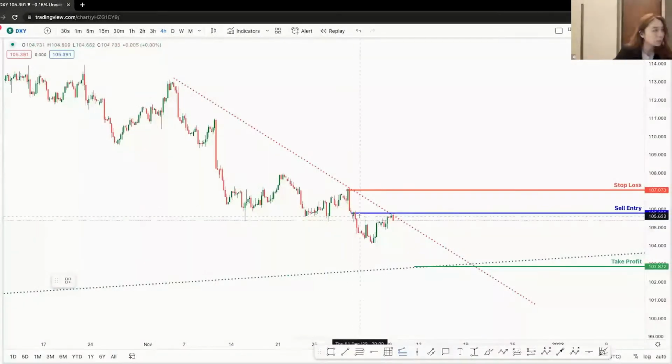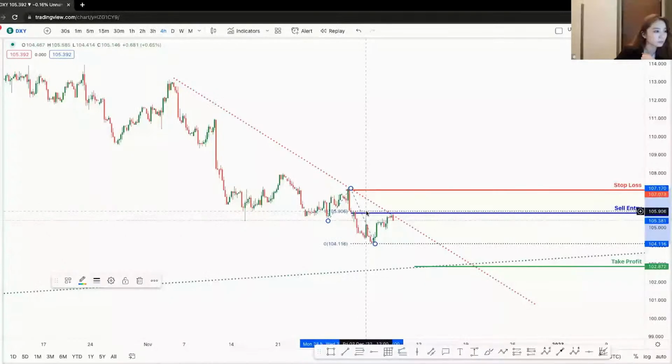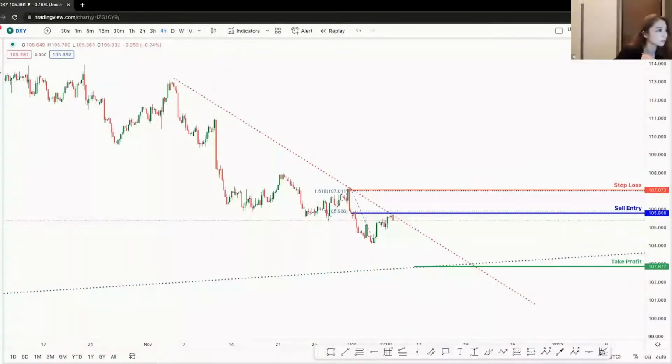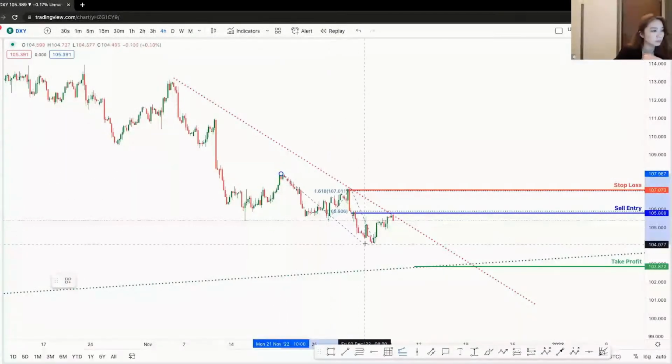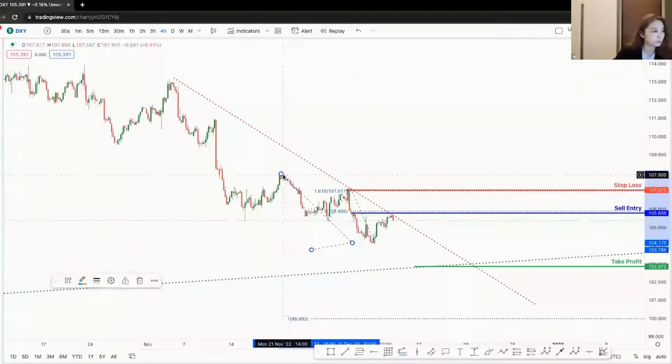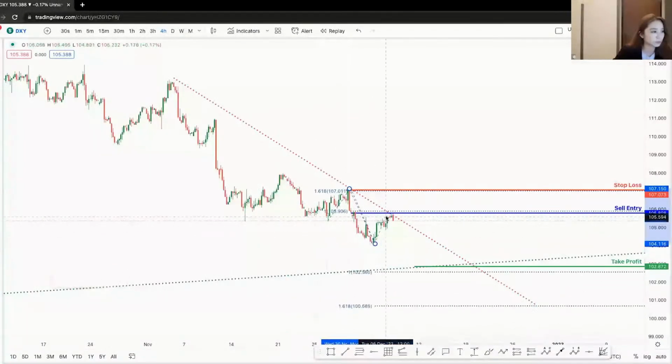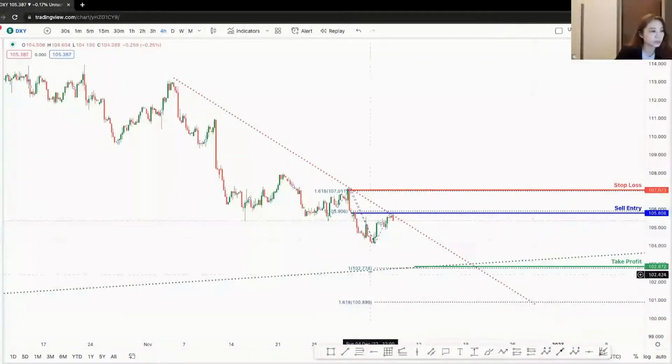Let's use our Fibonacci projection. 100% for the drop. Looking at 161.8 for stop loss. 100% for the take profit as well.